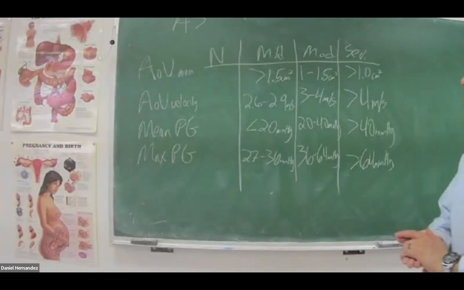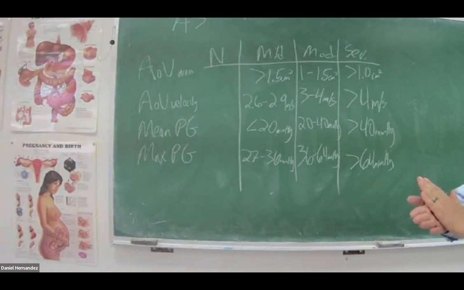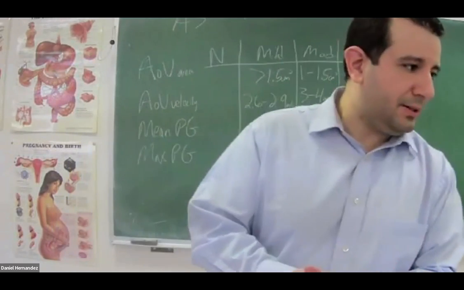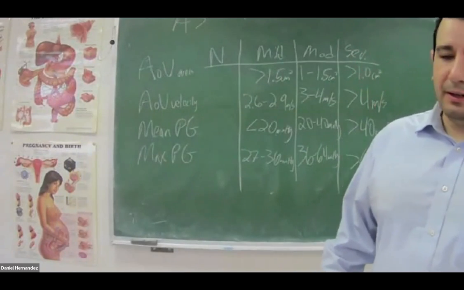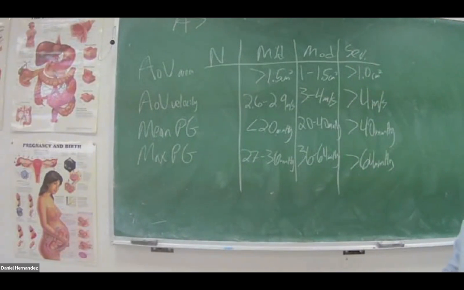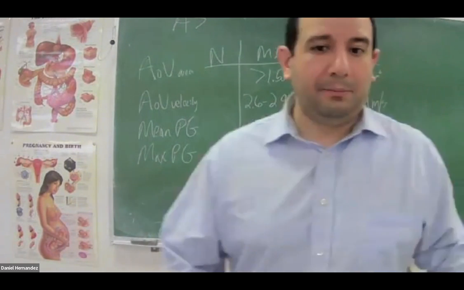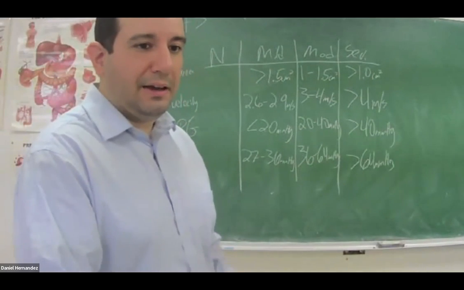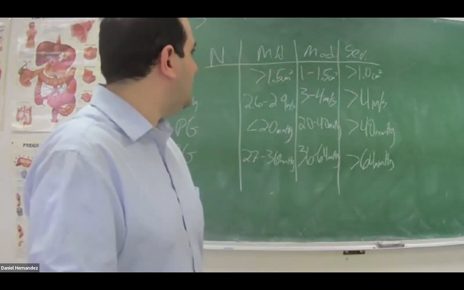All right, so aortic stenosis, how do we calculate it? The most common method for calculating aortic stenosis is going to be our continuity equation. You could still do planimetry. We could be at our short axis at the aortic valve level, so our parasternal short axis.